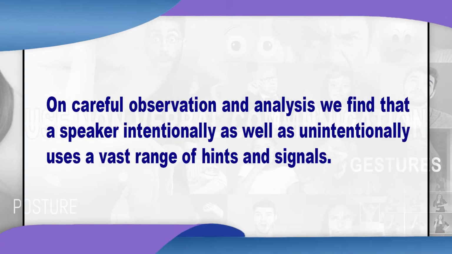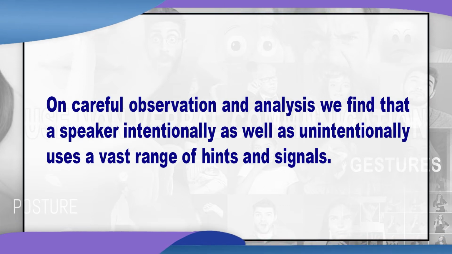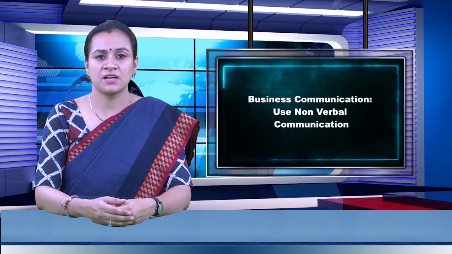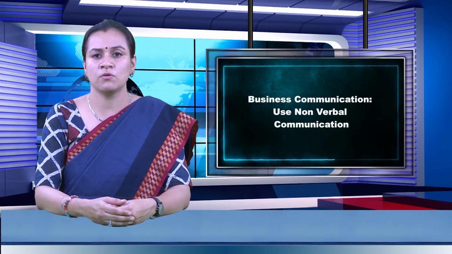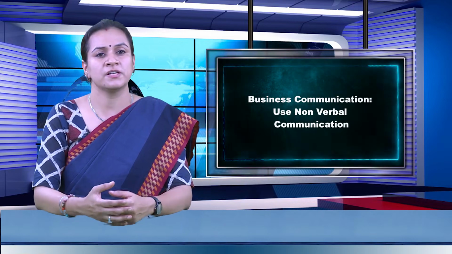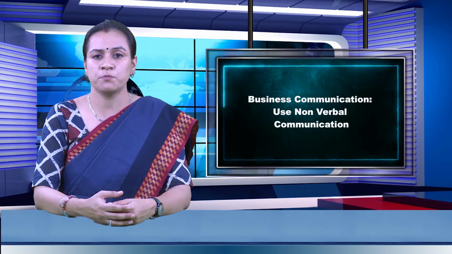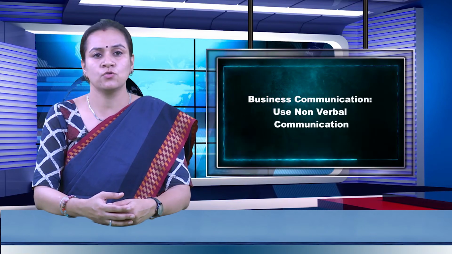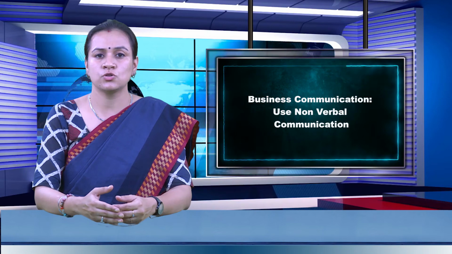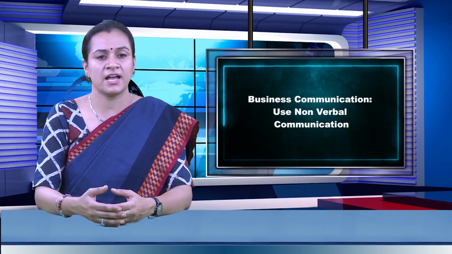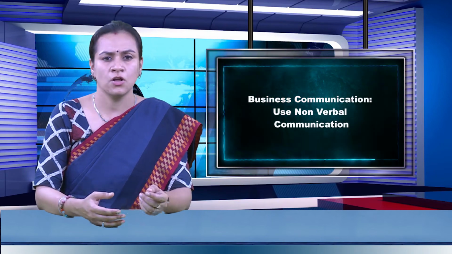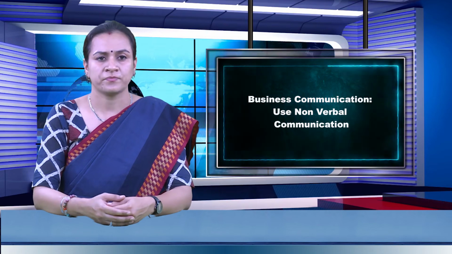On careful observation and analysis, we find that a speaker intentionally as well as unintentionally uses a vast range of hints and signals. If someone asks his friends to go to a movie or to a particular restaurant for dinner, one may respond, "Yes, I would love to go." But let his tone of voice betray his words and convey that he has little or no interest in going.